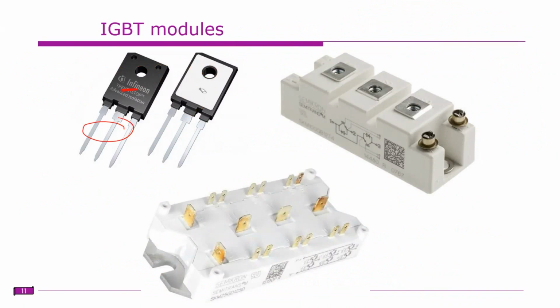This is the open one, so you can see the metal color here. This side must be connected to the heat sink, and there is a hole here to use a screw. This is known as a single pack.